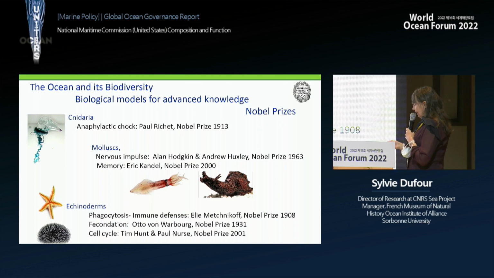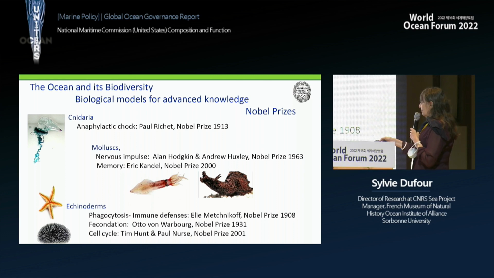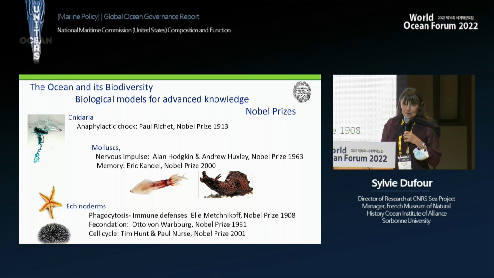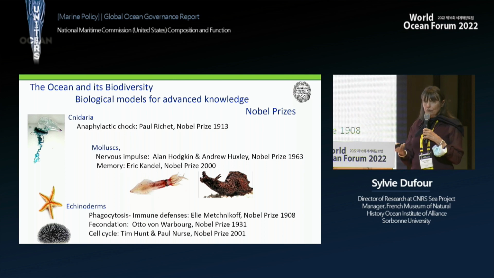From the very early Nobel Prize, for instance, in 1913 on anaphylactic shock discovered in Cnidaria, also an ancient group, to the first mechanism of immune defenses discovered in Echinoderm, to more recent Nobel Prize, for instance, in 2001, on the cell mechanisms of cell division with all the consequences in cancer research, again thanks to echinoderms. And this is still going on. There are a lot of fields still to be discovered thanks to this very unique biodiversity of the ocean.